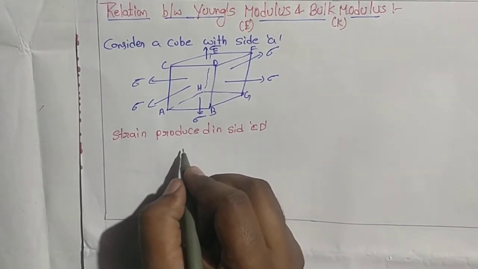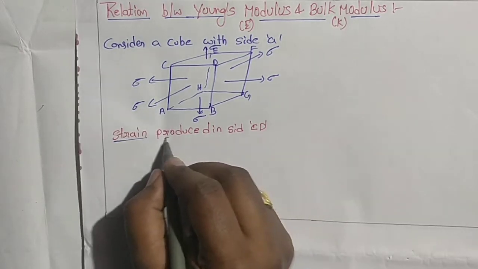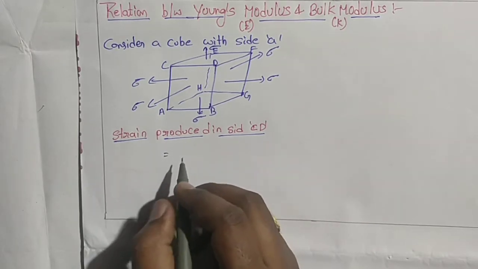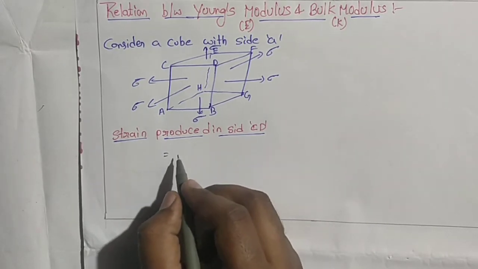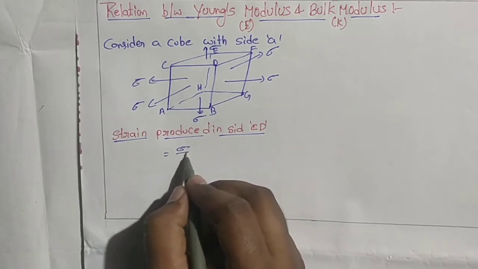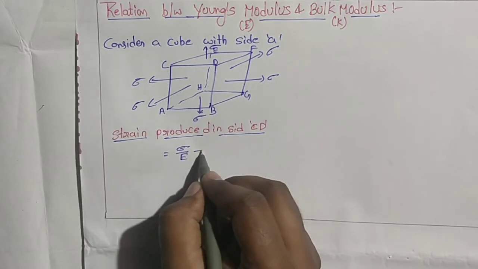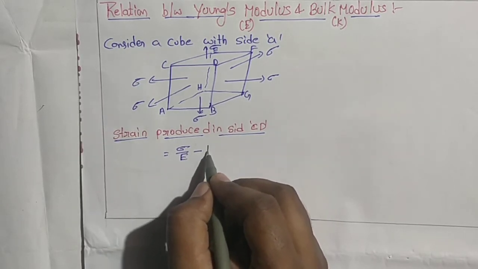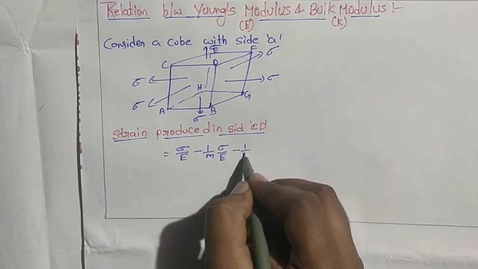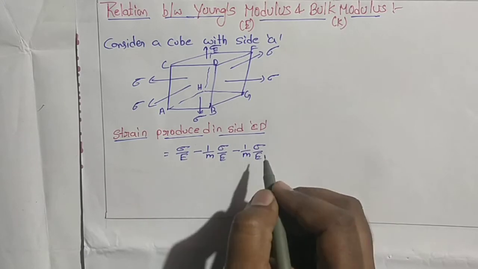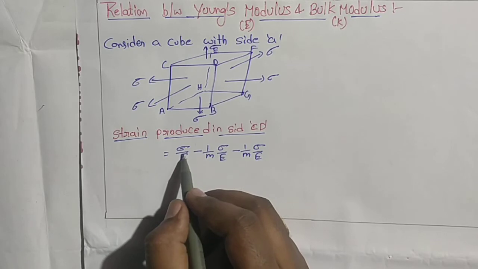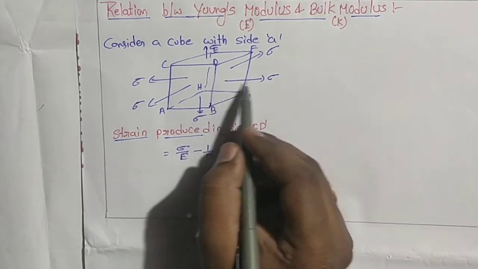That equals sigma by E minus 1 by m into sigma by E minus 1 by m into sigma by E. Here sigma by E is strain due to the applied direction.